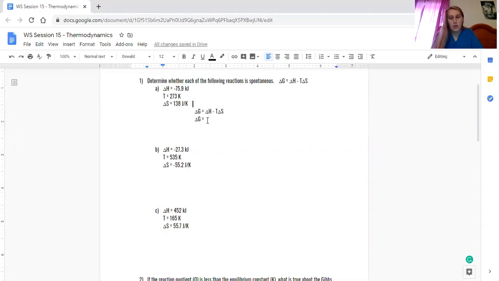So then we end up with 0.138 kilojoules per Kelvin. So now we have everything in the same units, so that'll work.